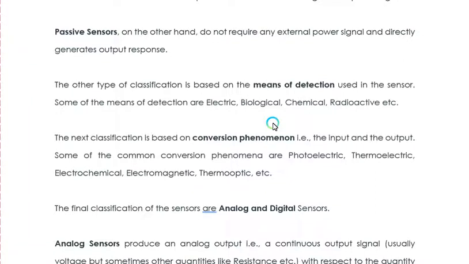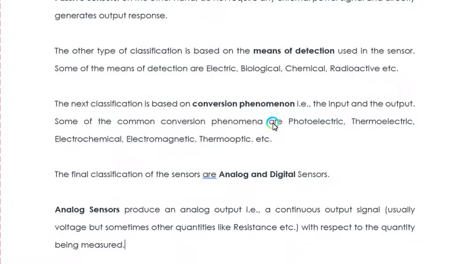Next is classification based on conversion phenomenon. Okay, based on our definition, your sensor is converting one form of energy domain into electric domain. But kalabanan nga gina-measure, gina-convert natin into electric format, pero not at all times ang function sang aton nga sensor.